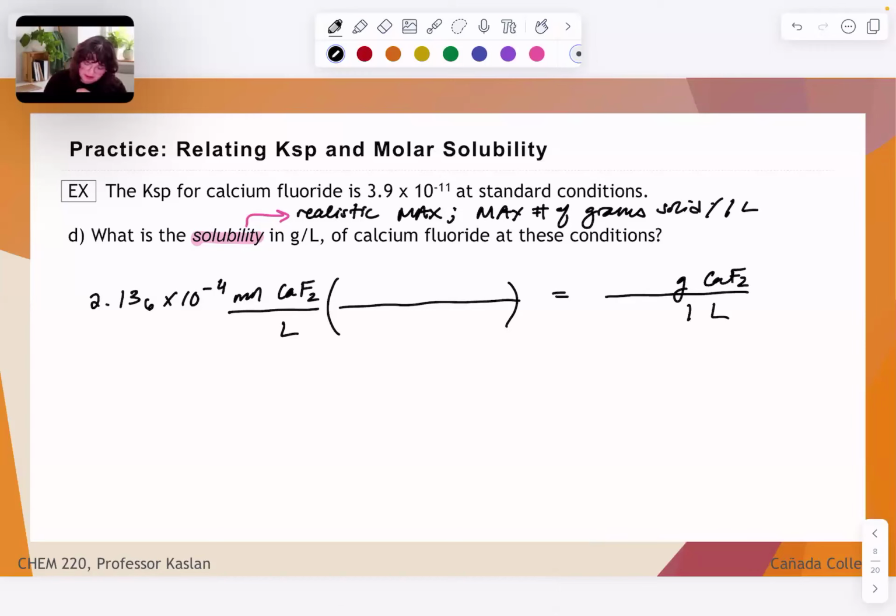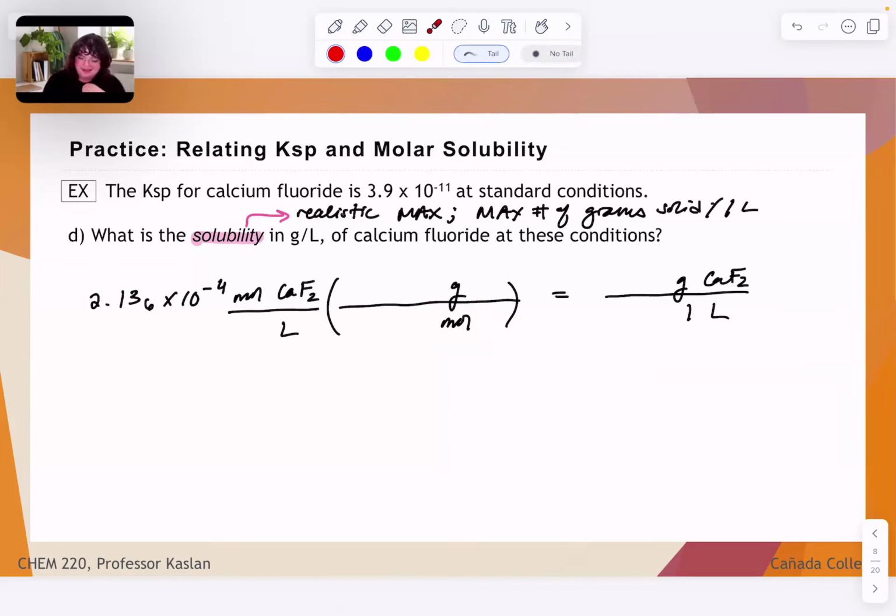This means that I am looking for a conversion that allows me to get rid of the mole unit and replace it with a gram unit. So thinking just about moles and replacing it with grams, what do I know that relates grams and moles?